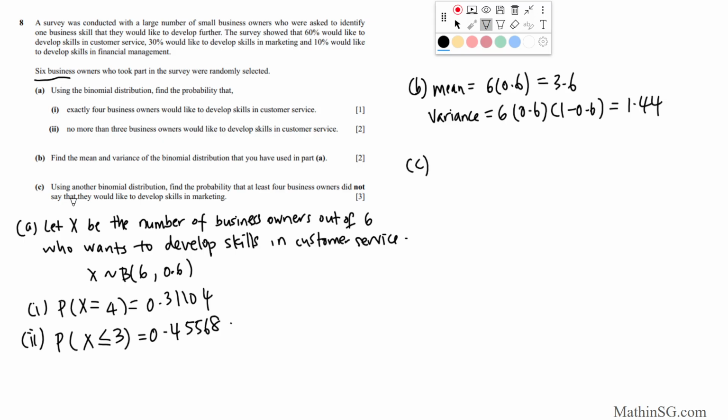Okay, now part C, use another binomial distribution. Find the probability that at least 4 business owners did not say they would like to develop skills in marketing.